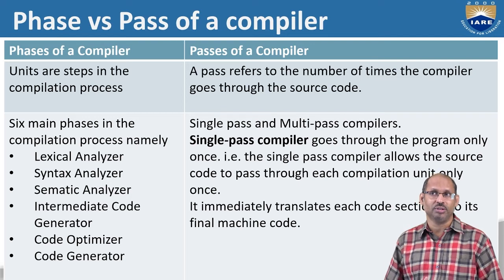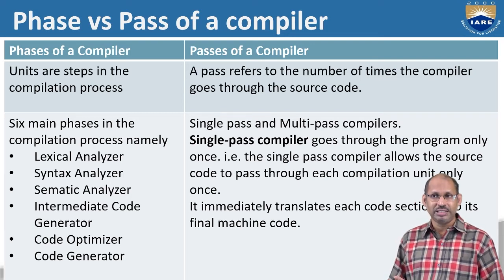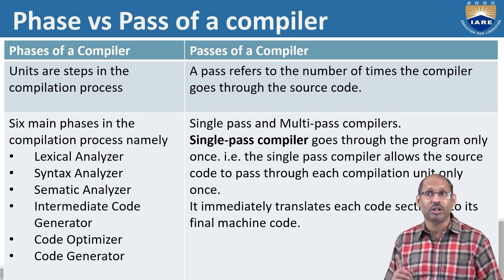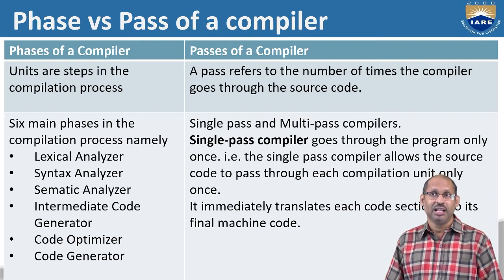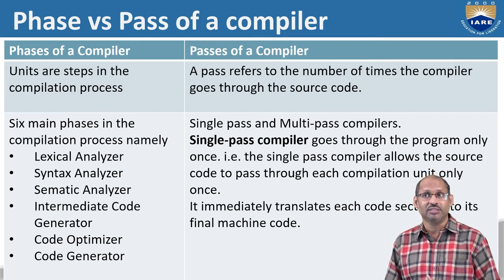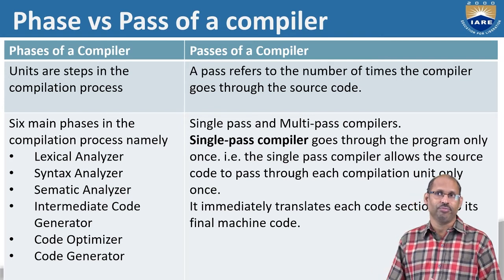It reads the source program only once, all the phases act and convert one form to another form, and it gives the code.